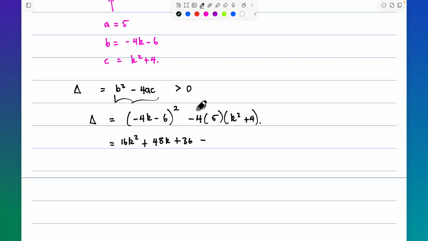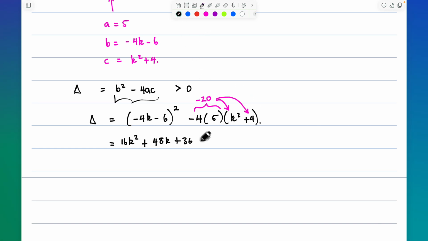Okay, so I'm going to jump steps here, just a little bit. Hopefully this is not too confusing, right? 4 times 5, these two are going to give us 20. At least negative 20, because it's negative 4 times 5, that's negative 20. That 20 is going to multiply by this part of the bracket and by that part of the bracket. So those are the two expressions we need.